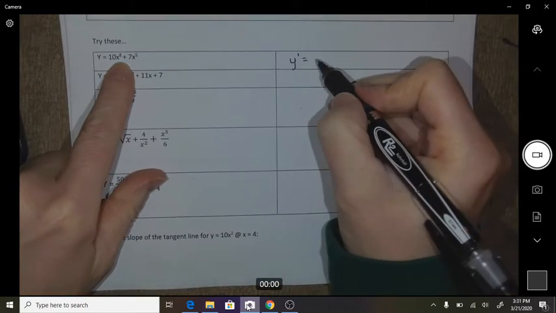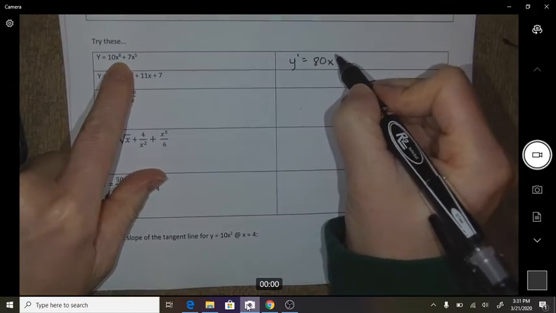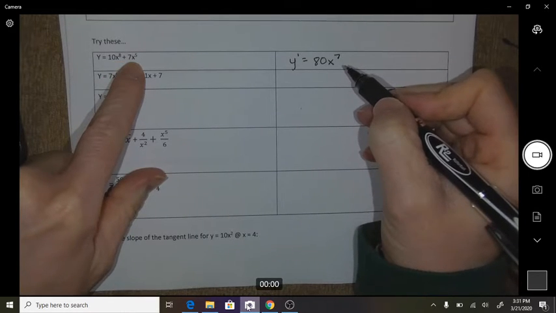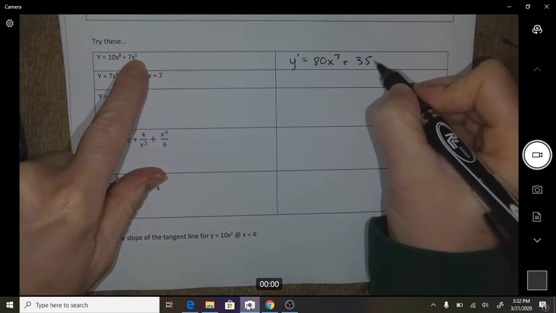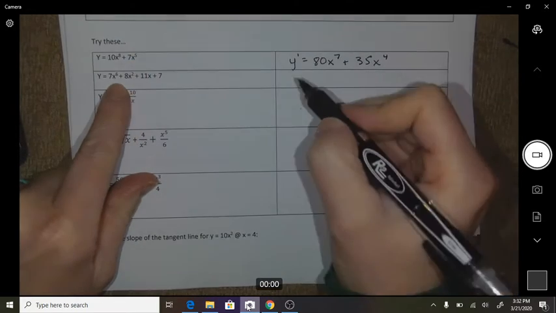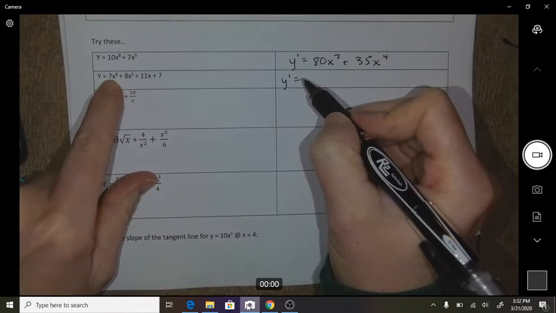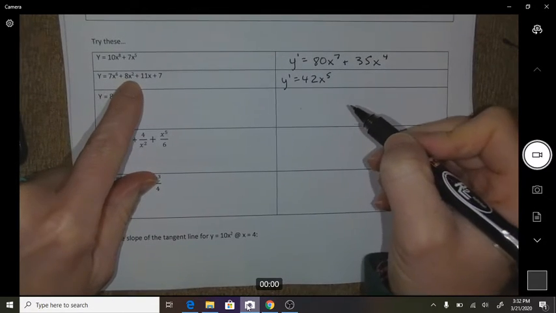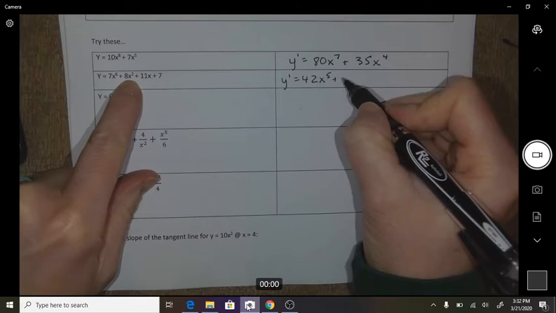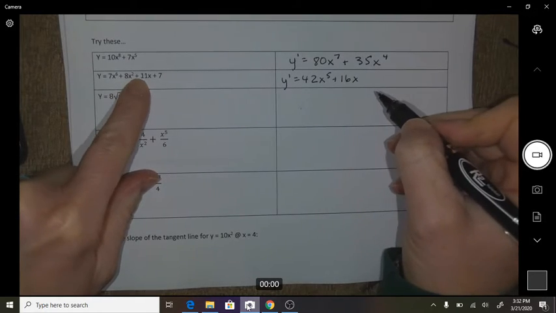So the derivative is 80x to the 7 plus 35x to the 4. Okay, 7 times 6, so 42x to the 5th. 8 times 2, 16x.